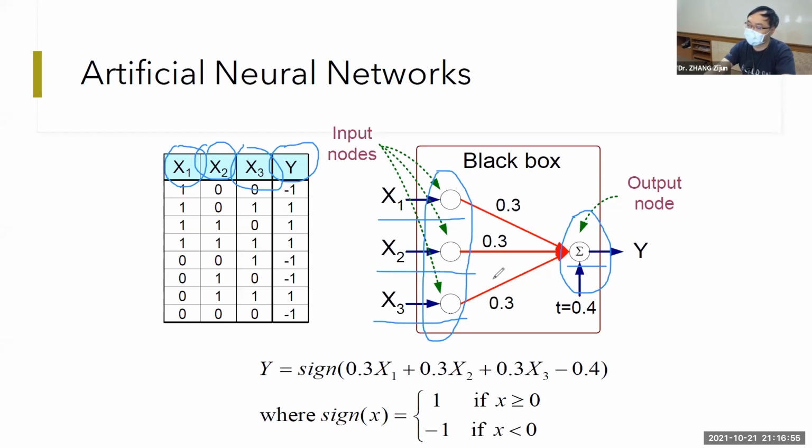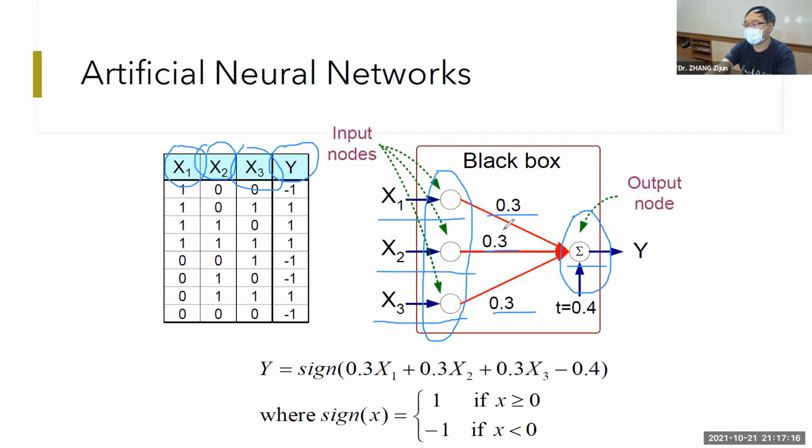Here we adopt a very simple structure. You can make it more complicated, but here we use a very simple structure. The input nodes are directly linked to the output node with a weight of 0.3. So the weight means the strength of the information that will pass from the input node to another node.